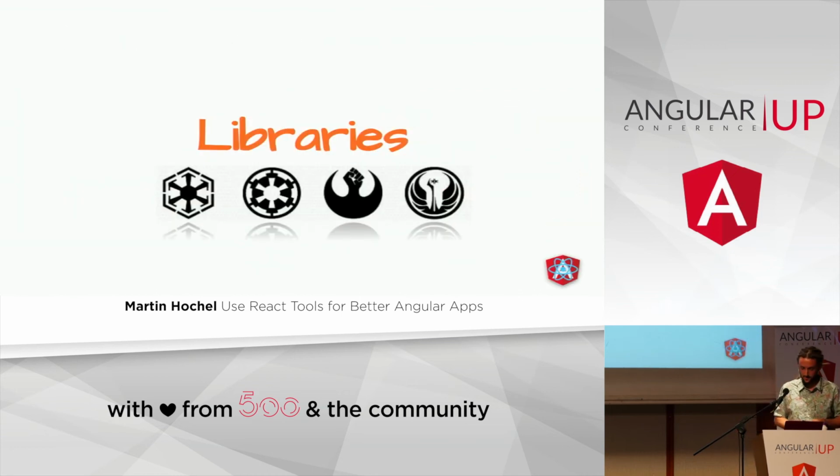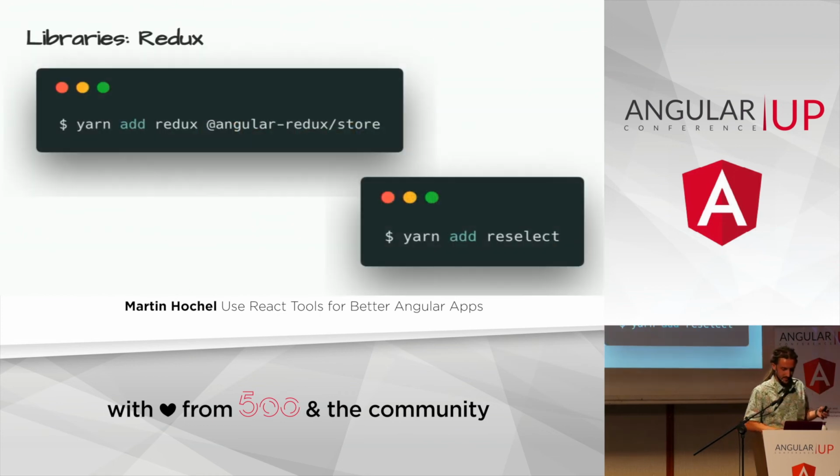Okay, last part, libraries. Mentioning Redux, you're maybe using the ngRx store, right? Which is the official Angular Redux library, which is cool, but it has one issue for my team. It's tightly coupled to Angular, and we don't want to use two libraries to do the same thing.